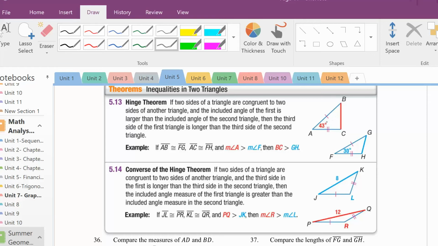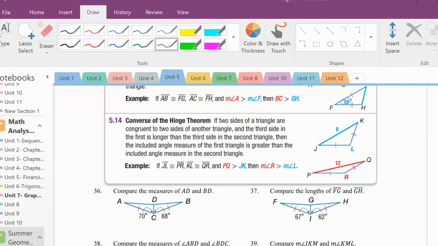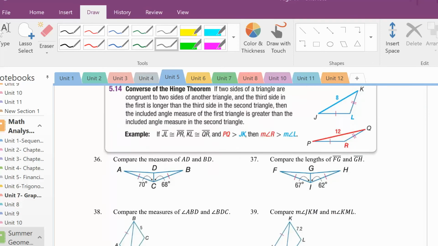So see how these two sides are the same, but 43 is bigger than 30, so that means BC is going to be bigger than GH. And the opposite is true too. If I know that the side opposite the angles is bigger, then I know that this angle R is going to be bigger than L.